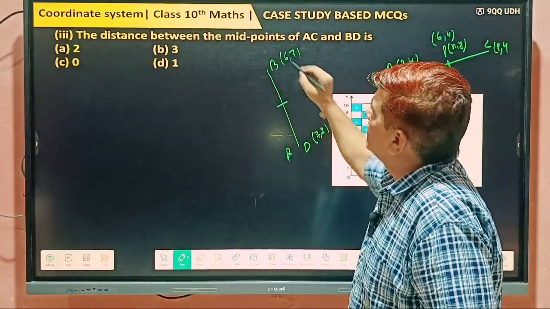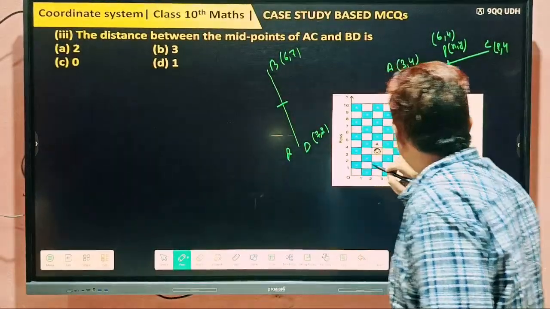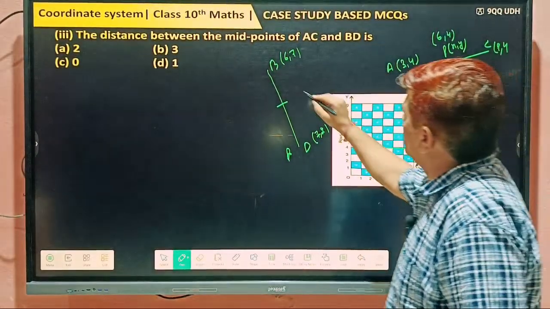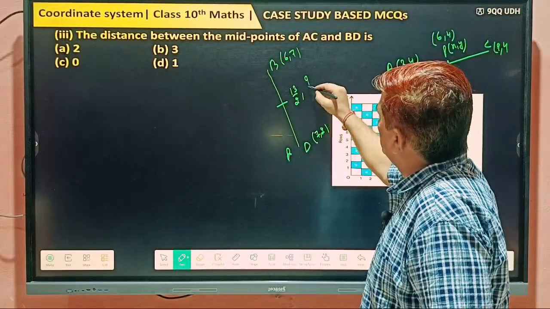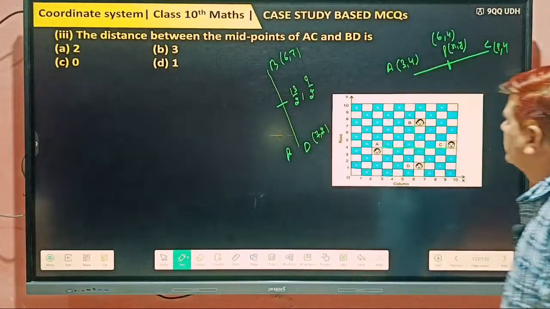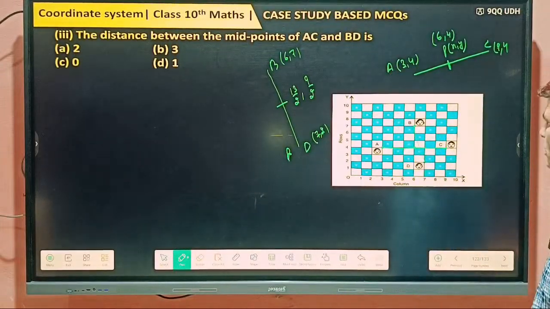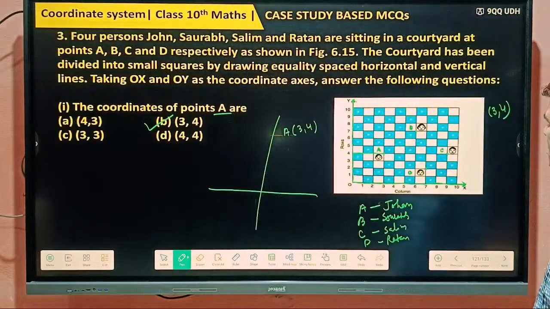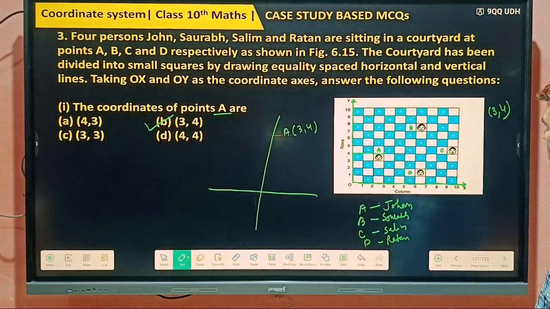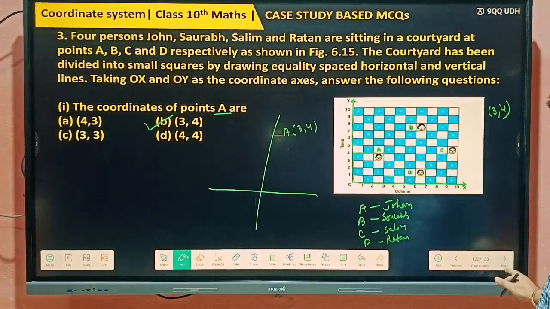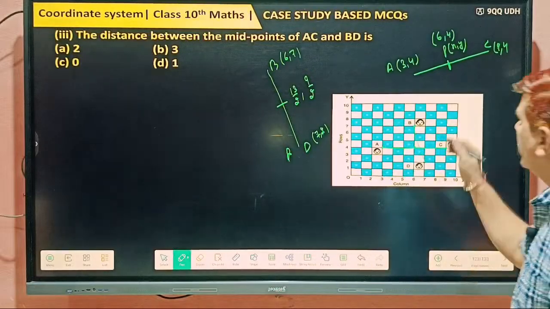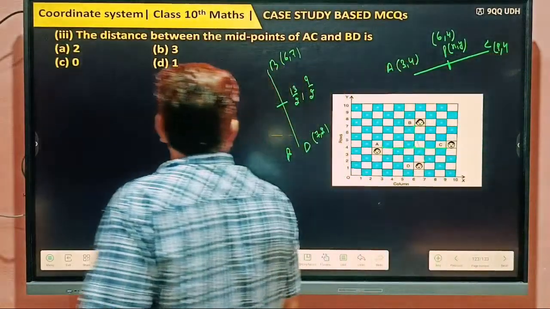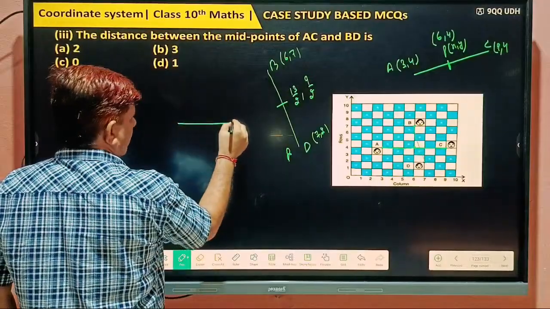This plus this, how much? 13 by 2. This plus this, 9 by 2. Understood or not understood? So find out. 2 points given.